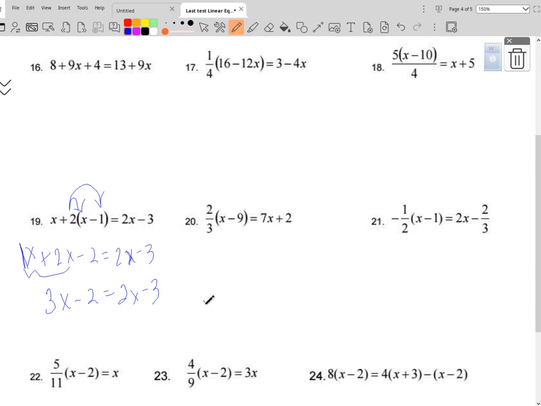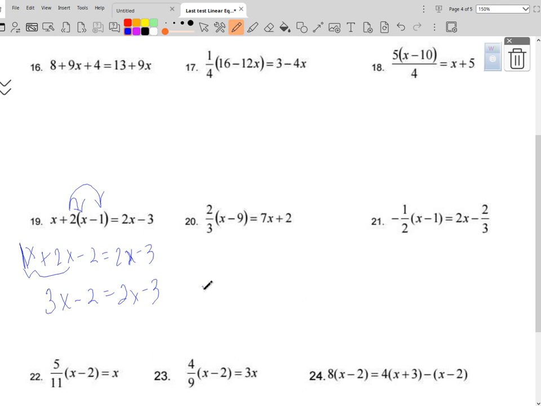Look at your notes. What does it say to do if you need to get the variables on the same side? Renee, did you find it? Adding the opposite of the smallest variable.